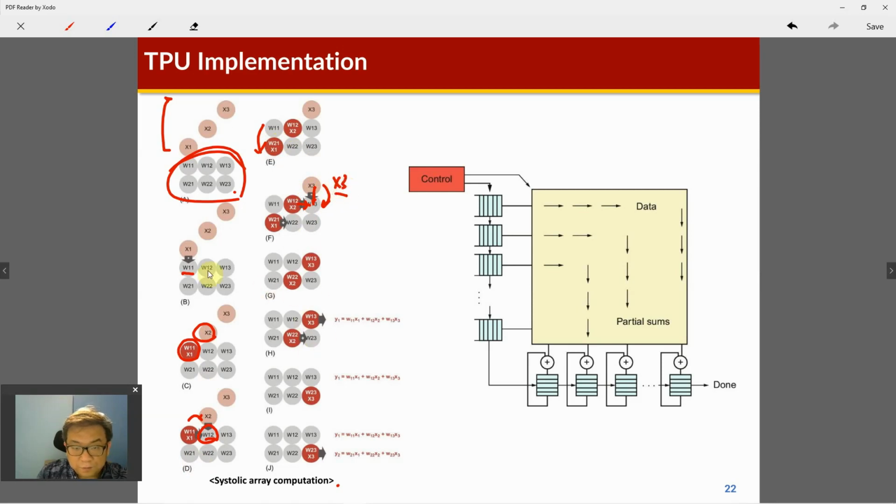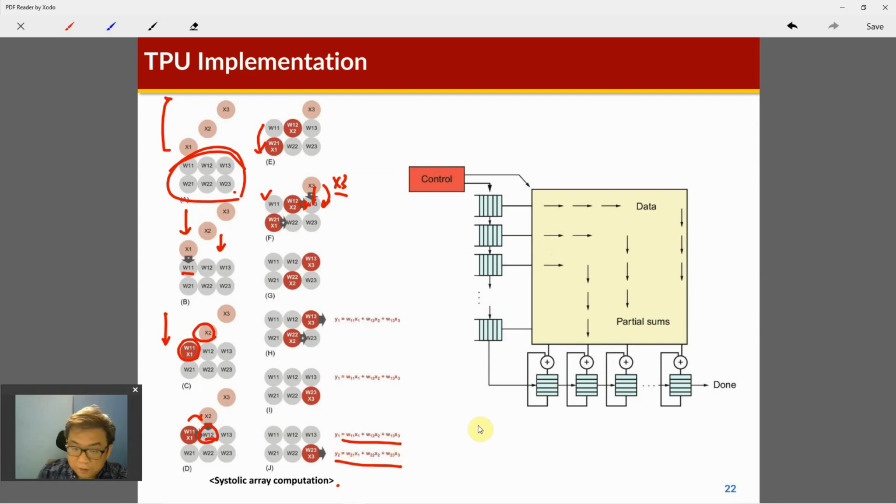So for the systolic array computation, the input data comes from the top to bottom, and then some partial results with the weight values are computed and transferred to the right. So it moves to the right, and it's accumulated, and the entire matrix multiplication partial results are accumulated like here.